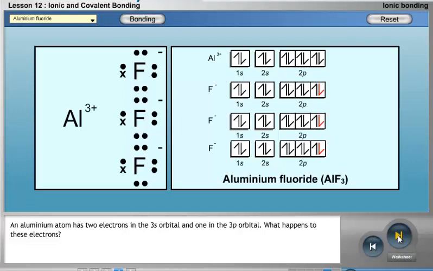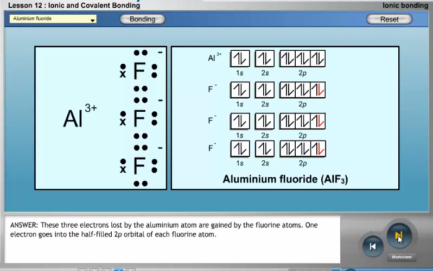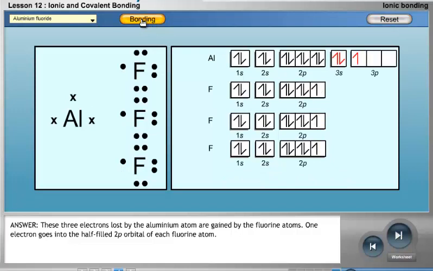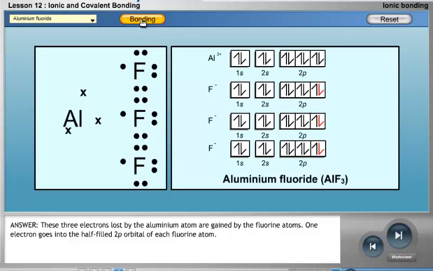What happens to these electrons? Answer: these 3 electrons lost by the aluminium atom are gained by the fluorine atoms. 1 electron goes into the half-filled 2p orbital of each fluorine atom.